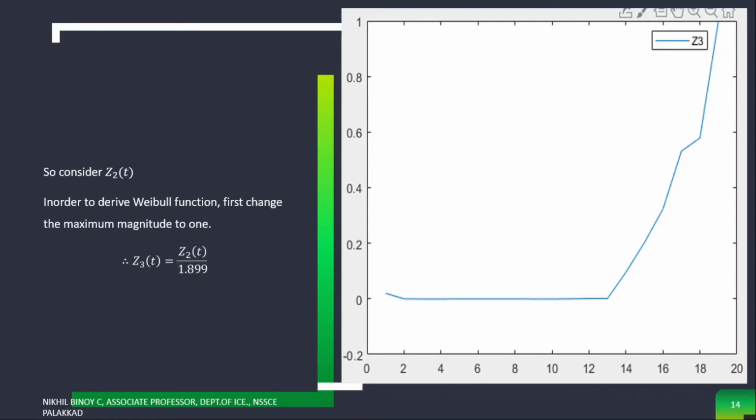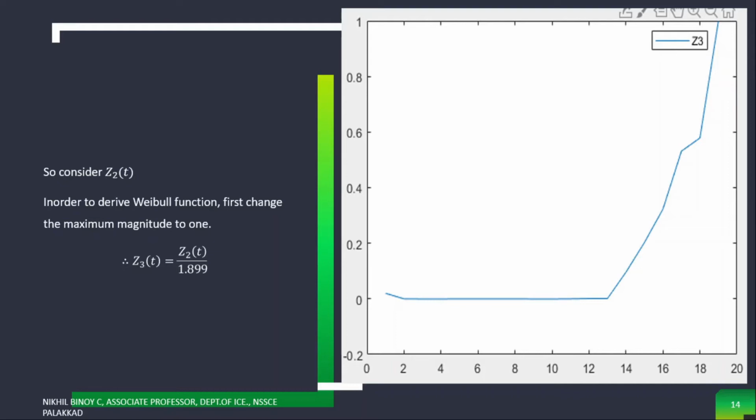So we split that Z into Z1 plus Z2, where Z1 is 0.101. If you subtract 0.101 from all values, the maximum value at t equal to 90 is 2 minus 0.101, that is 1.899. That is the maximum value of Z2 at t equal to 90.